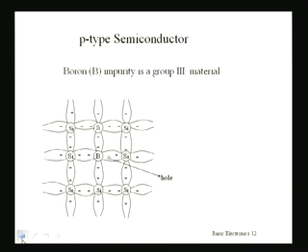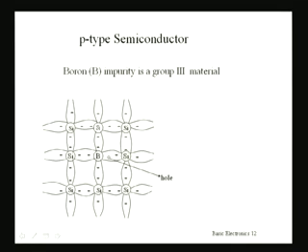Now let us add boron impurity, which is a group 3 material having 3 electrons in the outermost orbit, to a silicon semiconductor. Now this boron has 3 electrons in the outermost orbit, so it will be completing its covalent bond with a neighboring silicon atom having shared these 2 electrons as is seen here.